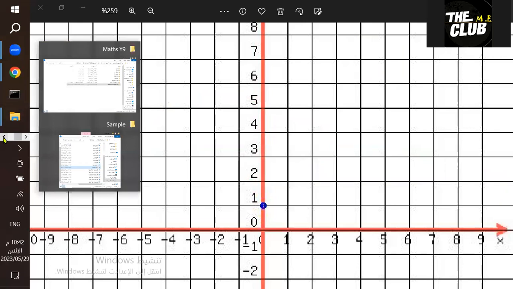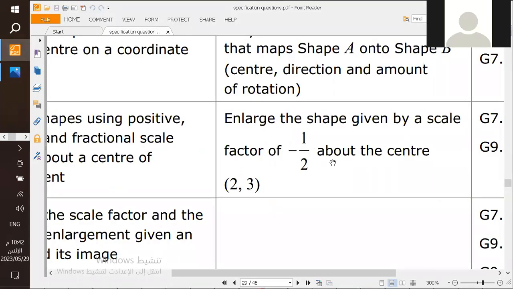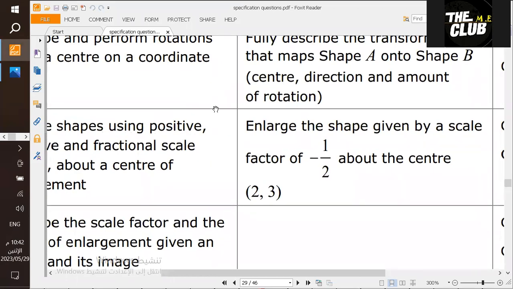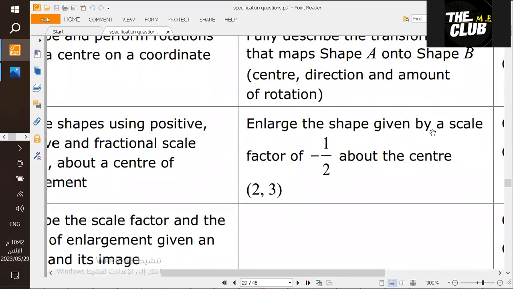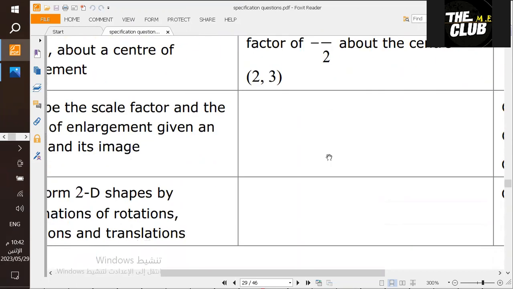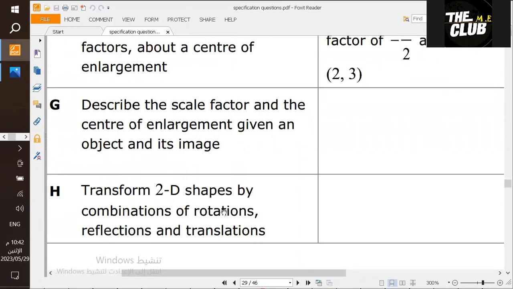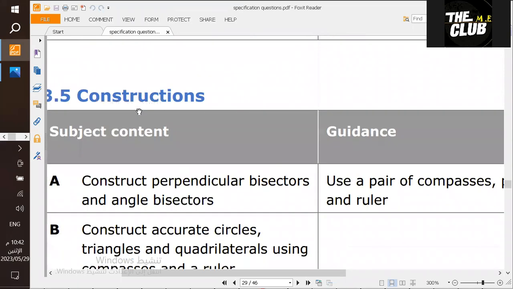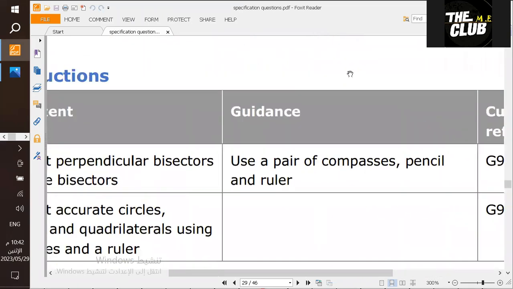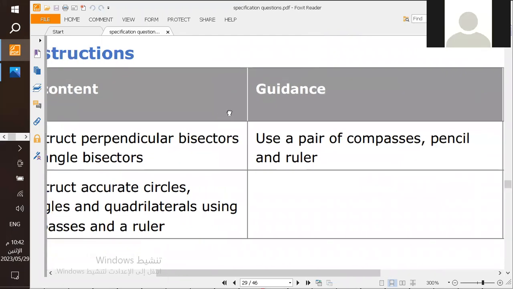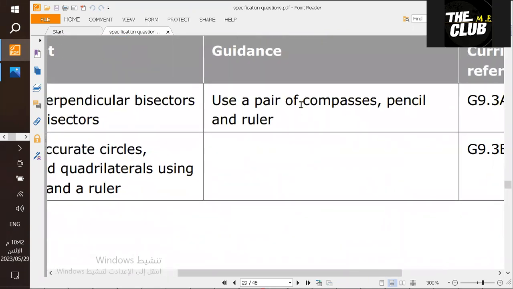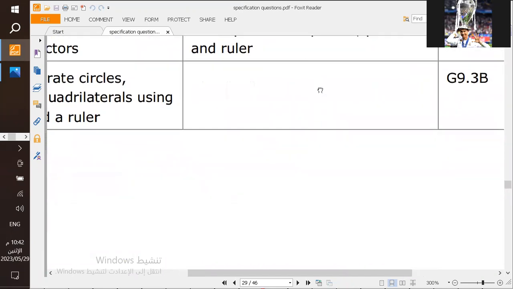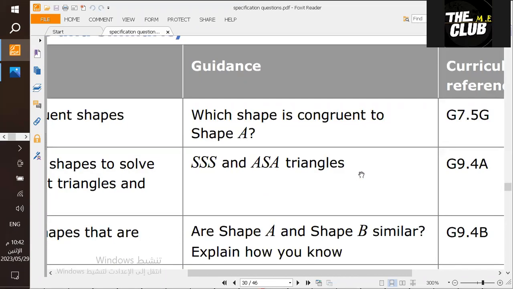Okay, let's move on. We've covered enlargement and rotation. We've gone down about six pages. The last ones are not questions, we already talked about them: negative scale factor about a point. Here we describe rotation and enlargement, the same as what we said. Construction, there's no need to explain it. You know how to construct using the compass and the ruler: perpendicular bisector and angle bisector are easy. If you don't know, the videos are on YouTube, step by step. If you want, I'll send you the link. But you have to practice them.